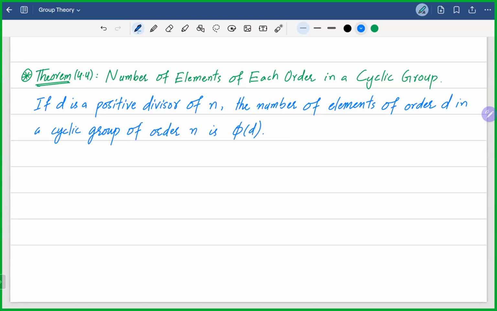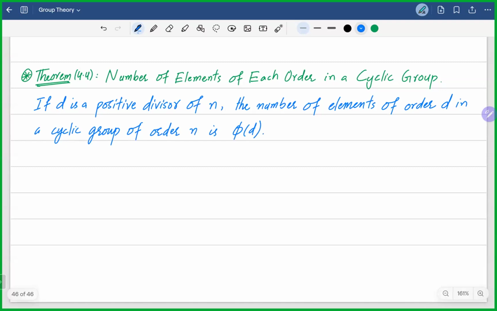So this gives you the number of elements of a certain order in a group. The number of elements of order d in a cyclic group of order n is nothing but phi of d. Interesting.